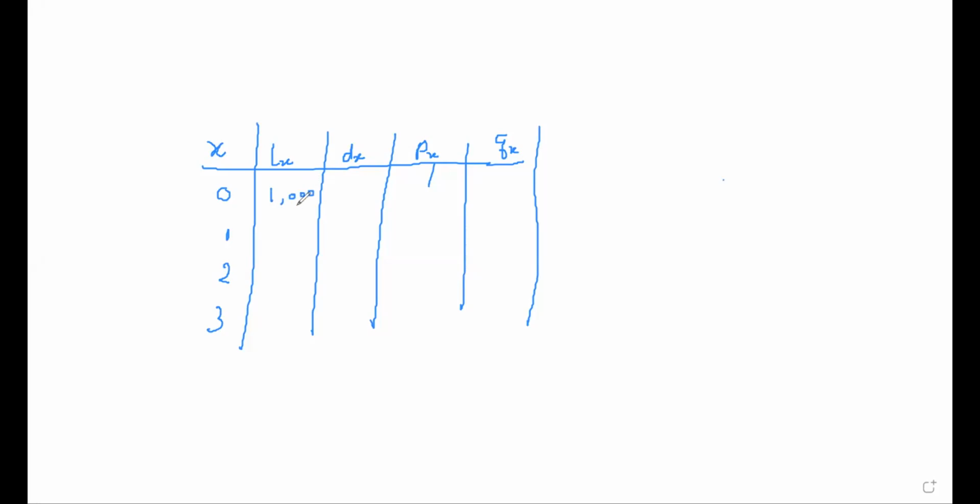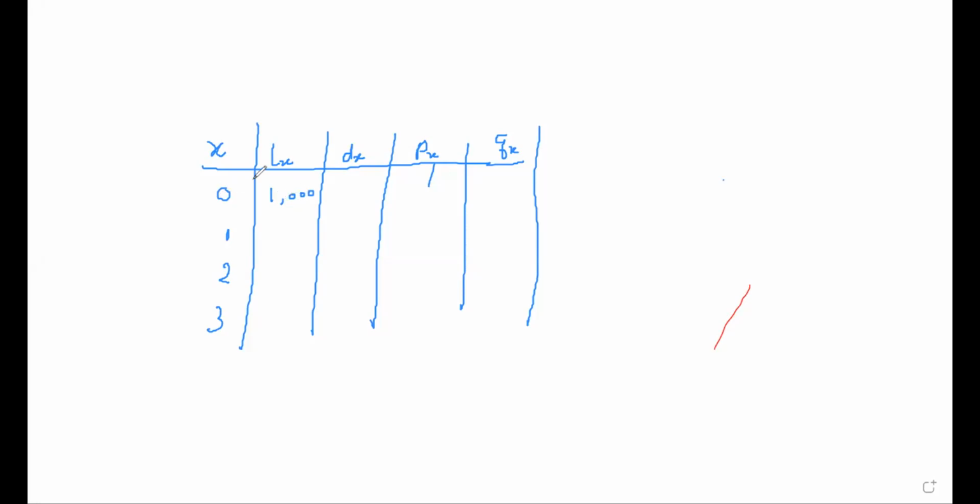Then by age 1, how many people will we have here? What do you think? Please stop trying to write on my 2,000. No, no. So we are studying a group of people. They are all age 0.